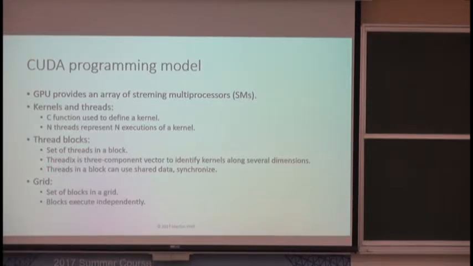Now the next level of abstraction in programming is a grid, which is a set of blocks. The blocks in a grid execute independently, so you can't synchronize them. You can do different things, but you can't have different blocks in a grid rely on each other.